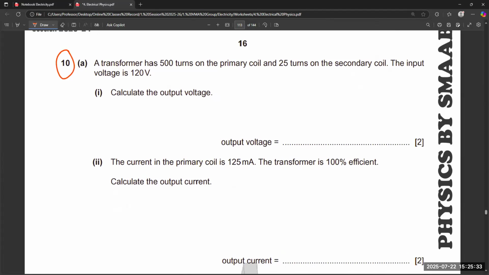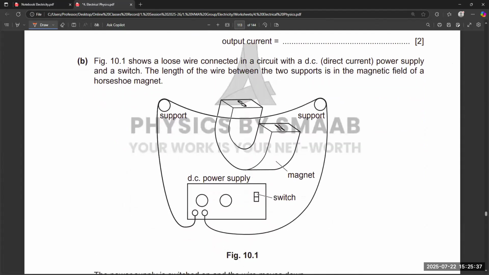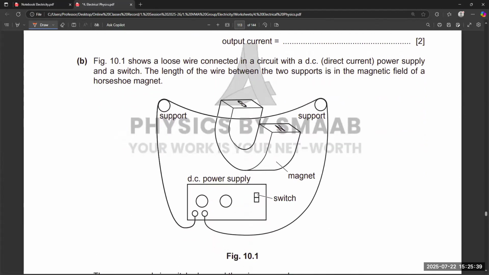So if we ignore the first part and consider the second diagram, because that is related to DC motor or DC concept. In figure 10.1, it shows a loose wire connected in a circuit with a DC power supply and a switch. The length of the wire between the two supports is in the magnetic field of a horseshoe magnet.